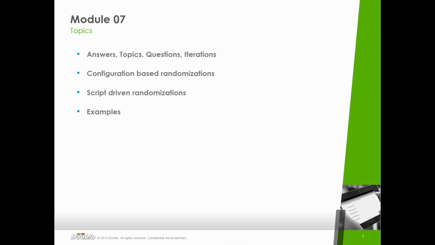So that basically concludes our example and our session. We've seen how randomization can be done for answers, topics, questions, or iterations. We've seen some of the options. We've seen that a randomization can be done by configuration settings that are available for questions and for chapters and iterations.